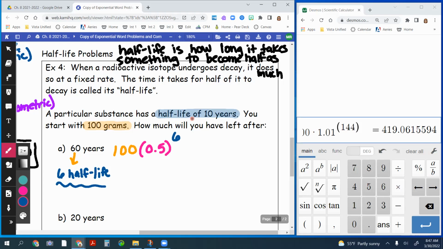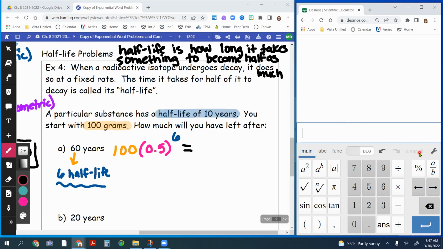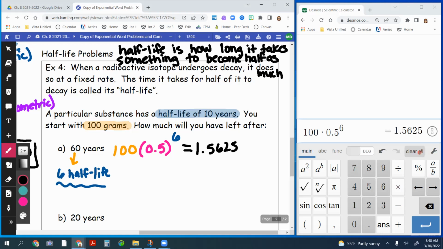So we would do that 6 times. And so when we put this into our calculator, we're going to get 100 times 0.5 raised to the power 6. And so we have 1.5625 grams left over after 60 years.